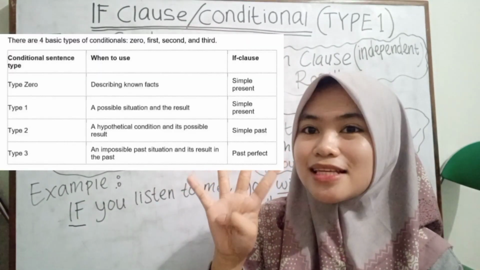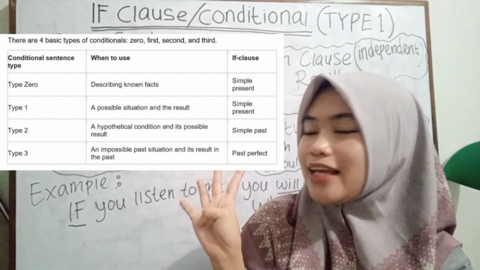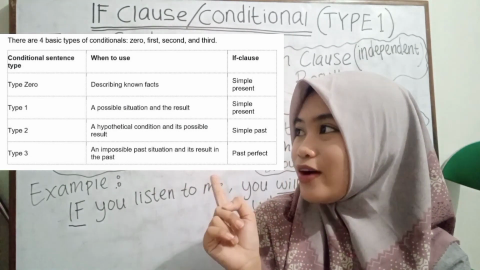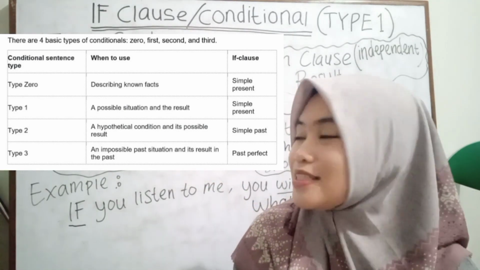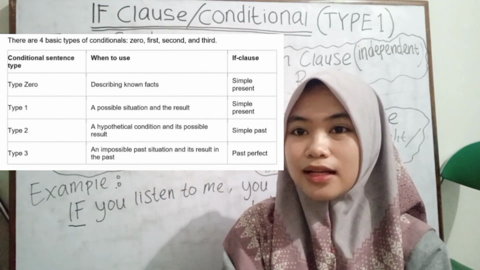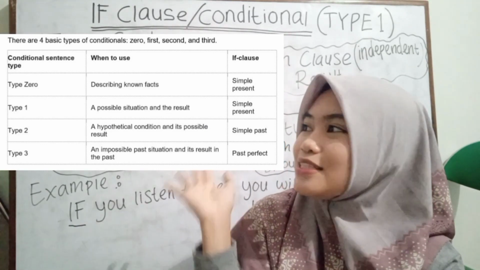There are four basic types of conditionals: zero, first, second, and third. Type 0 describes a known fact and uses simple present. Type 1 describes a possible situation and its result, using simple present.